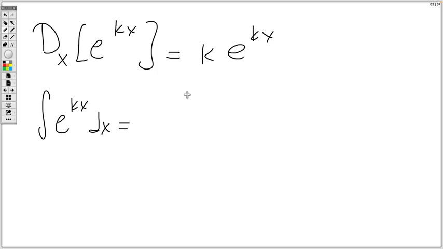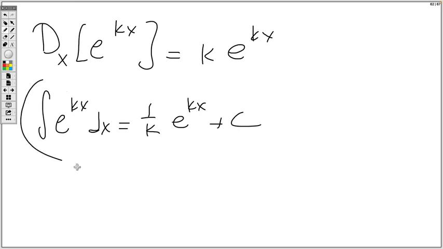Or I could just take advantage of what I know is going to happen. I know that the integral here is going to be more or less e to the kx. But when I take the derivative, I'll be multiplying by a constant k. So when I integrate, to take that into account, I'm going to do what? Divide by that constant. Make sense?